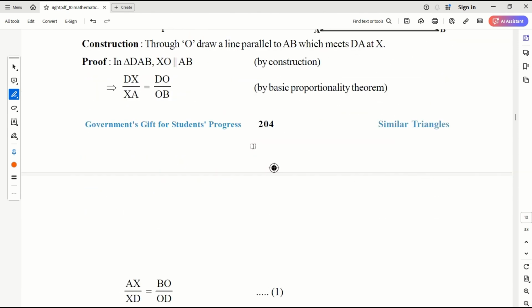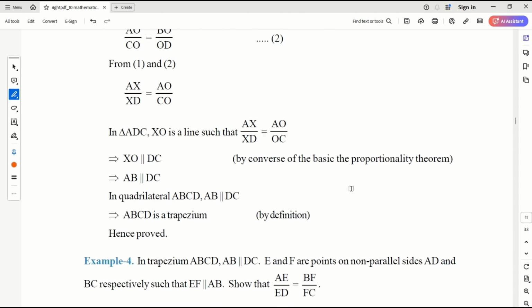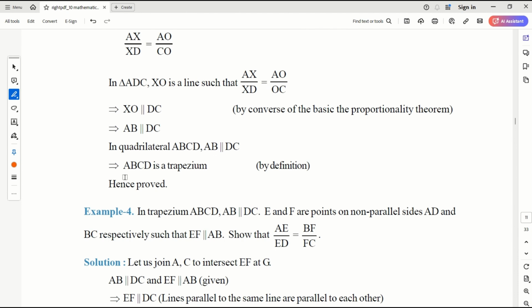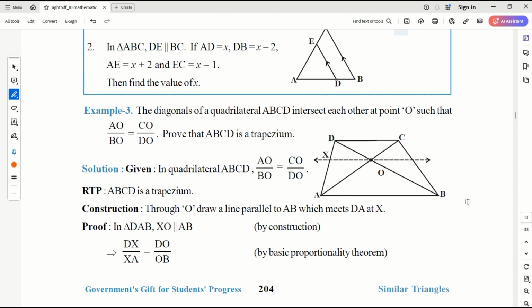That means OD by DB and OA by OC. And AB is also parallel to DC. So this is how we can prove. If you have two parallel lines and you draw another parallel line, it will cut these diagonals into equal ratios. That's what you are trying to prove using this.